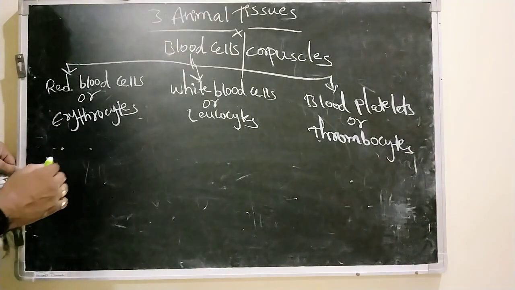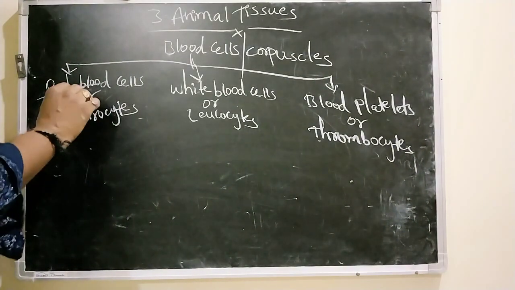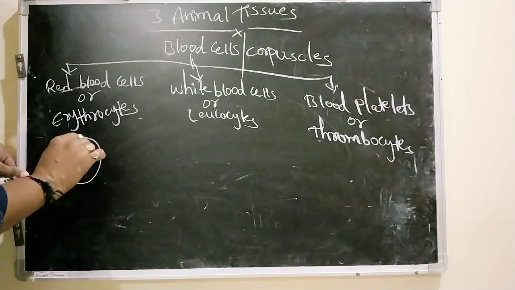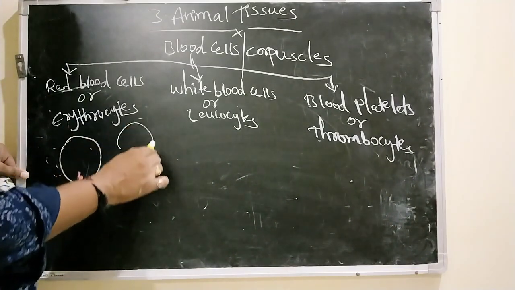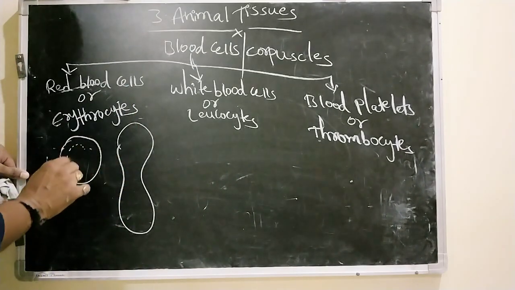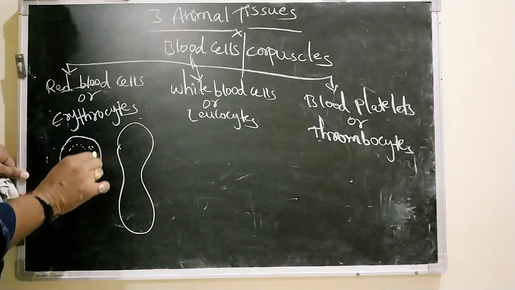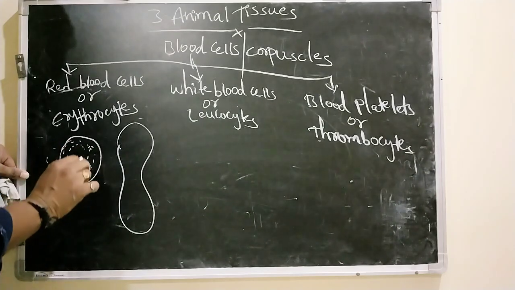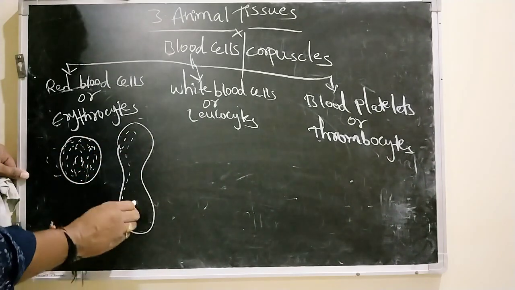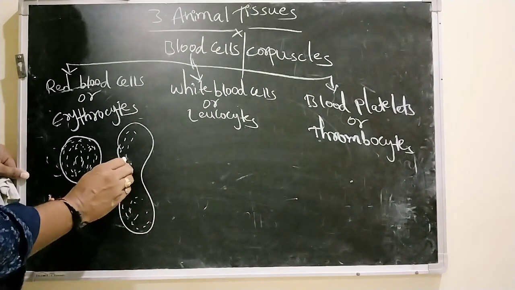Okay, and red blood cells, first of all, are spherical or round shaped, and some are biconcave in shape, and there is cytoplasm without a nucleus. A nucleus is present when we are in the mother's womb, in the embryonic stages.